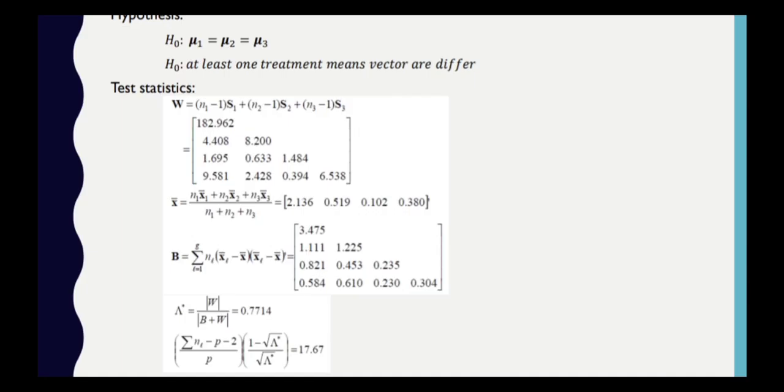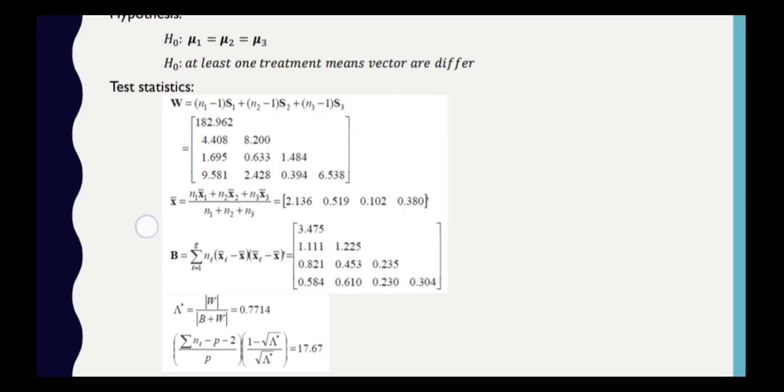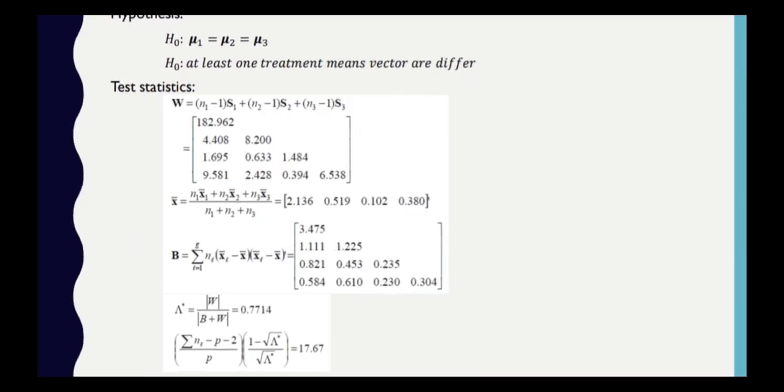Okay, look back at table 6.3 on page 303. So when p is 4, which is more than 1, and your g is 3, we will use the test statistic, the last one. Okay, try to calculate, the test statistic will be 17.67.